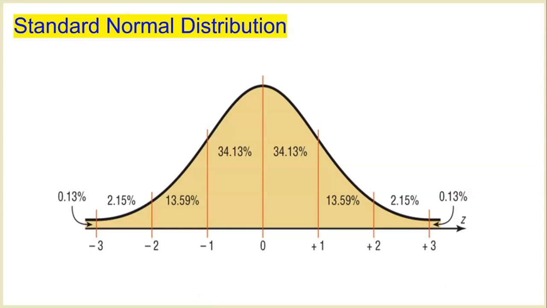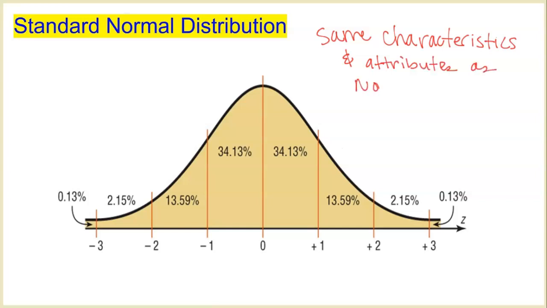I'll talk more about that when we get into utilizing the normal distribution and the standard normal distribution to help us find the area under the curve for certain values, and also to help us find probability. But the main thing we want to look at here is that this distribution has the same characteristics and attributes as a normal distribution. So all the same things that I wrote down before apply to this distribution.